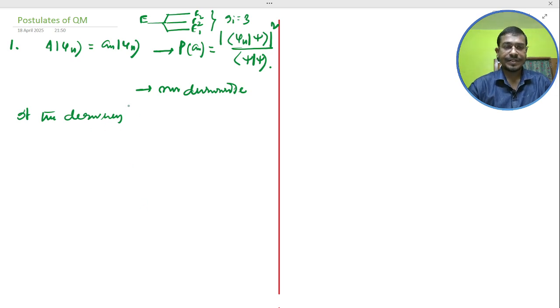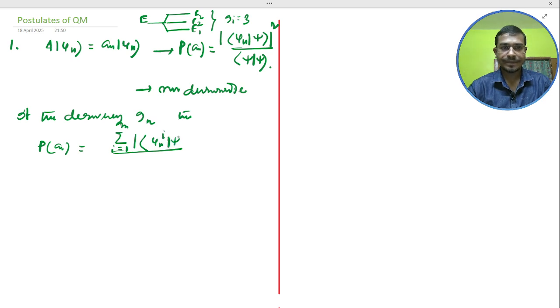If the degeneracy is Gn, then the probability becomes P of n equal to a simple summation from i equals 1 to Gn, where Gn is the degeneracy, of mod of the inner product of phi n i with psi, squared, divided by the normalization, psi with psi.